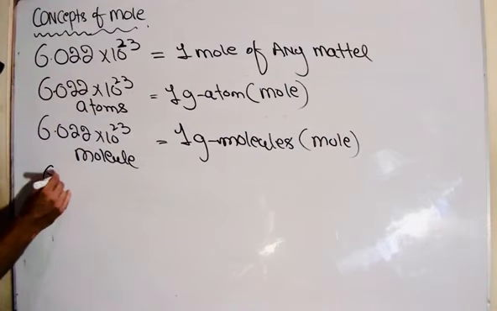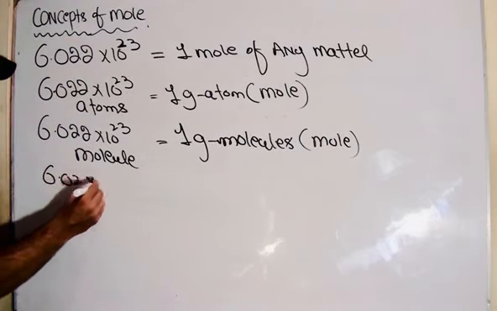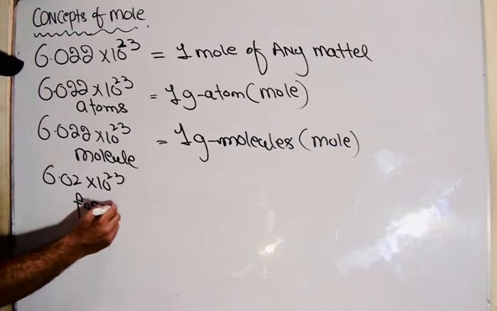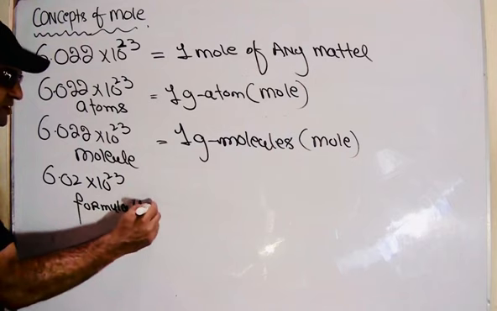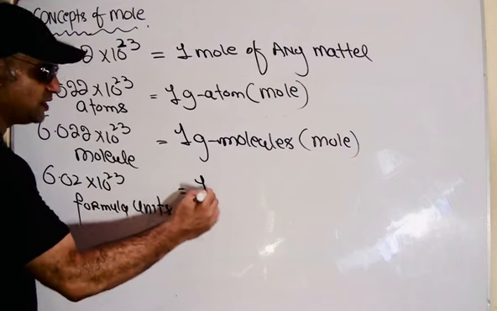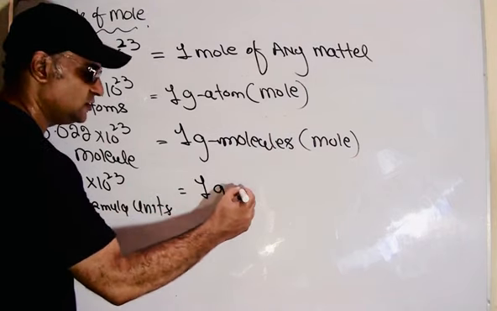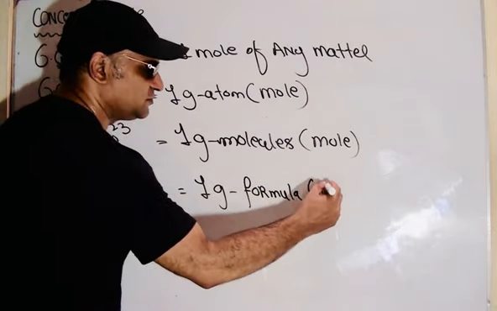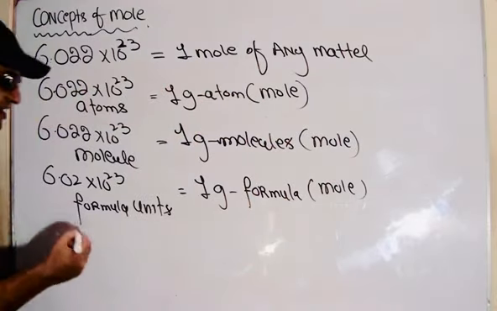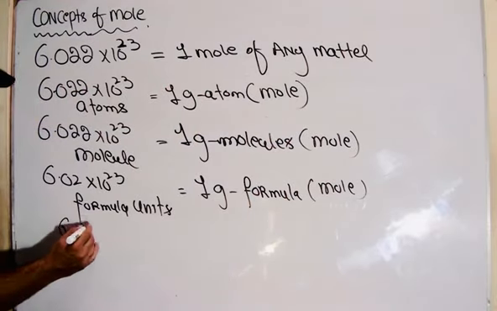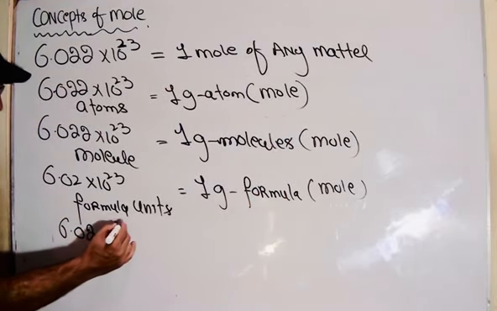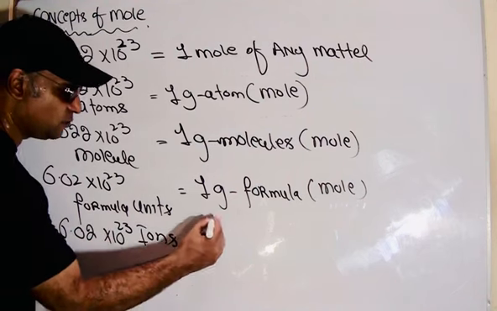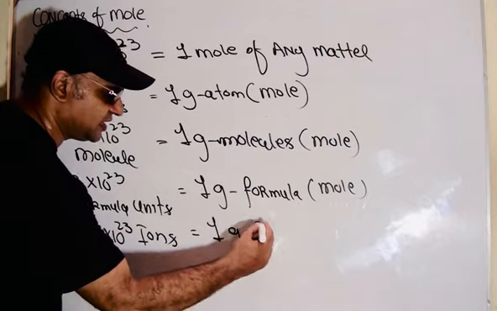And if we have 6.02 into 10 to the raised power 23 formula units of ionic compounds, it also explains 1 gram formula, which means 1 mole. And if we have 6.02 into 10 to the raised power 23 ions, it will explain 1 gram ion, which is 1 mole.